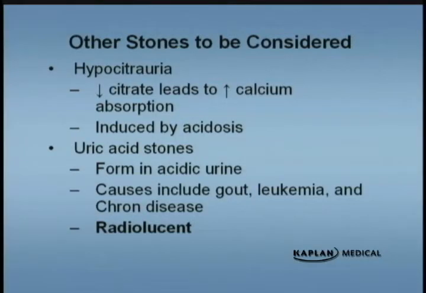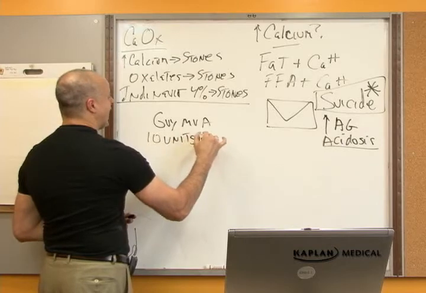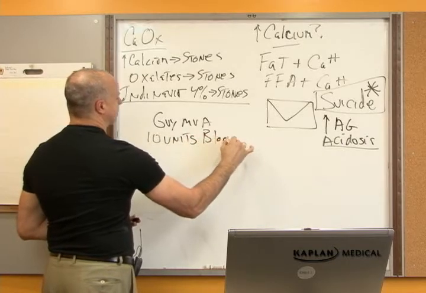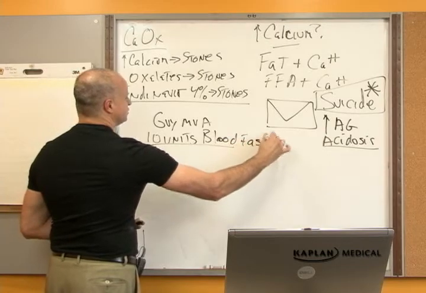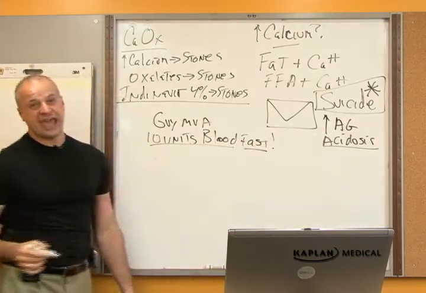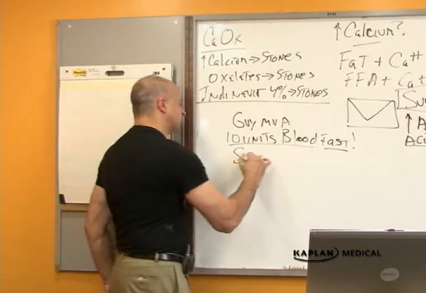Next one: citrate. Do you know where you see this word citrate? Ready? Look at this one. We've got a guy who had a motor vehicle accident. He gets 10 units of packed red blood cells, fast. And now he has a seizure.